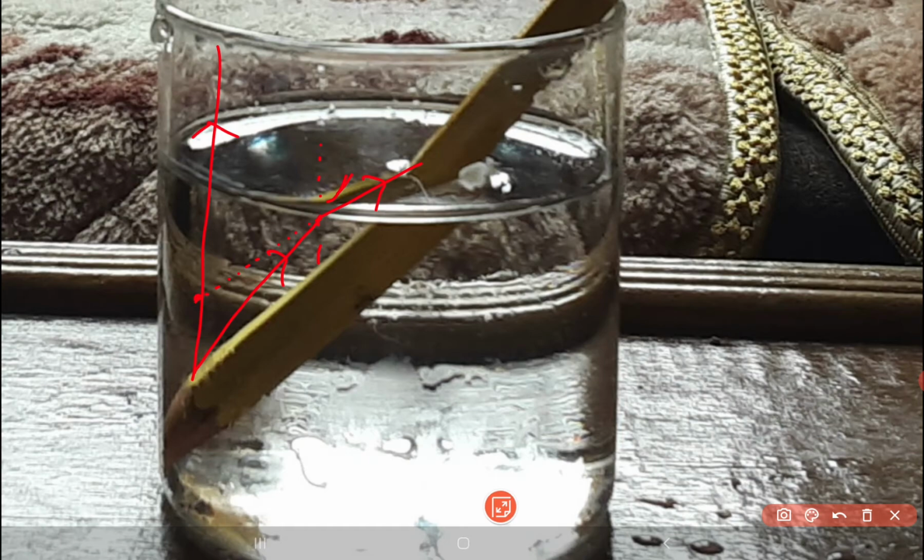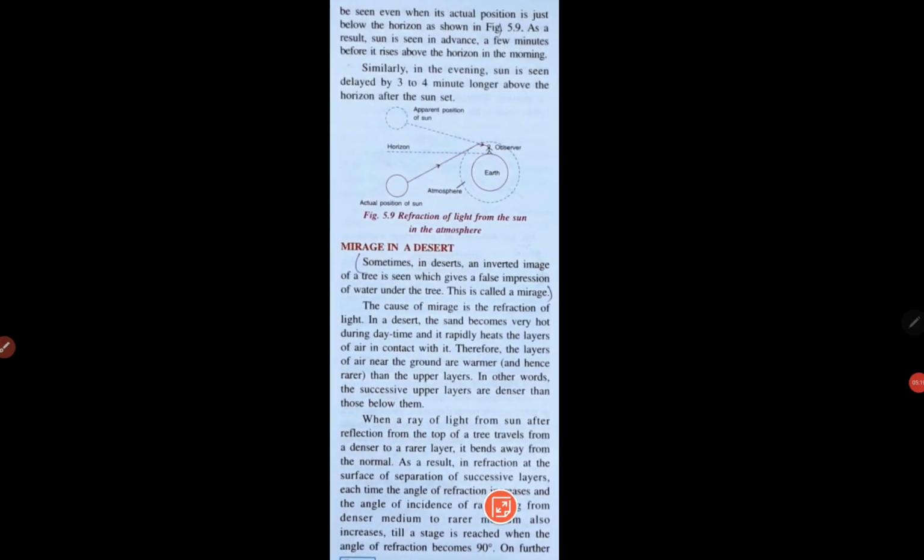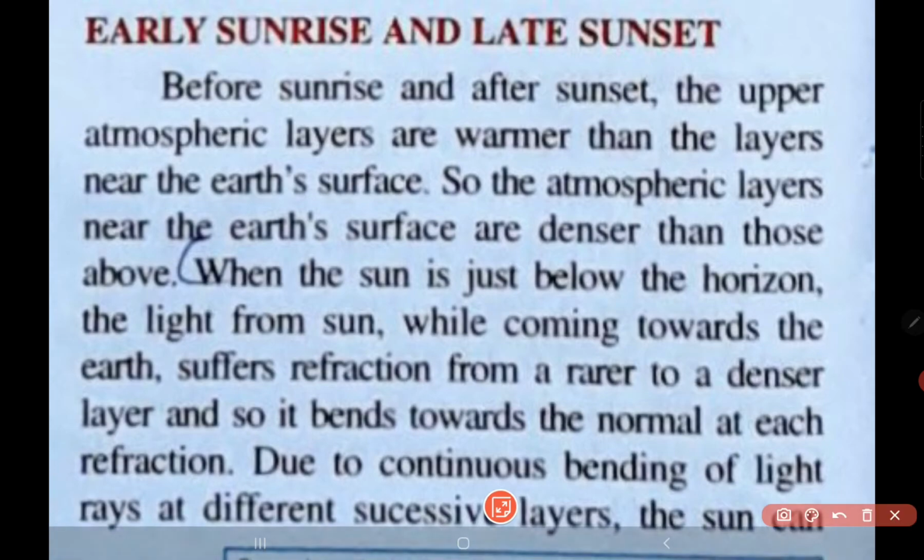So going to the next topic again, which is early sunrise and late sunset. Before sunrise and after sunset, the upper atmospheric layers are warmer compared to the layers of the atmosphere near the earth's surface.